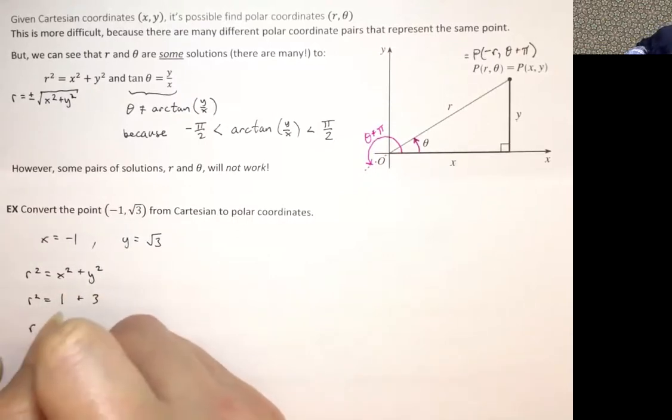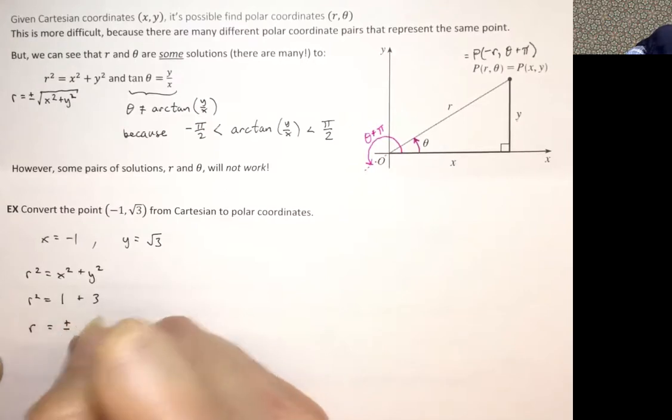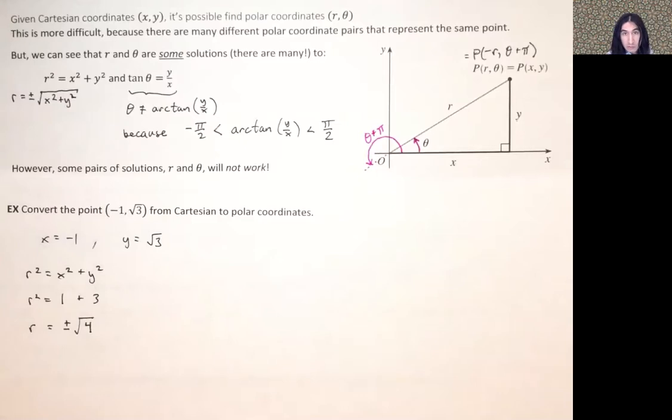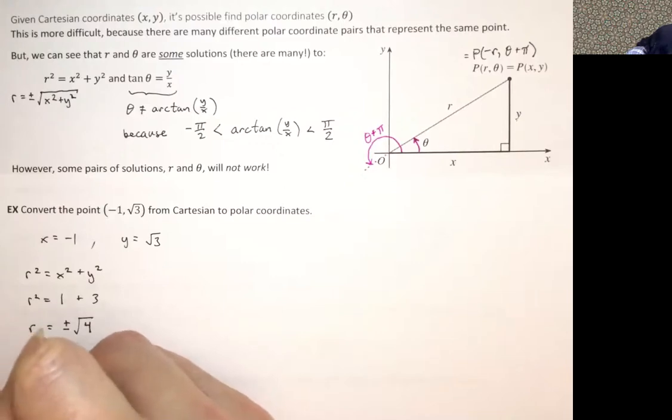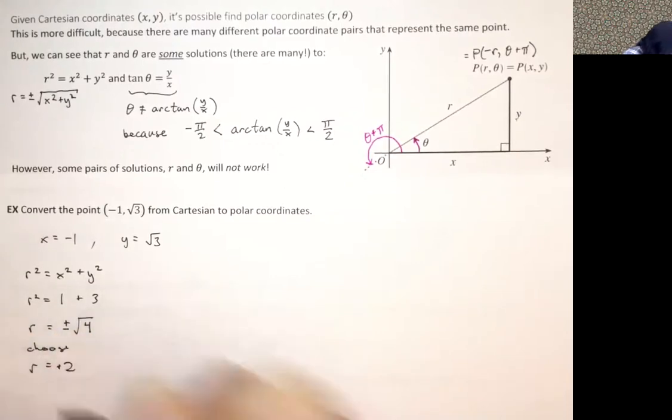And so r itself could be taken to be either plus or minus the square root of 4, giving me two possibilities. So just pick one at this point, and the easiest one is usually the positive one. So you can just think about walking away from the origin in the forward direction. So we'll choose r is equal to positive 2, emphasize the positive there.